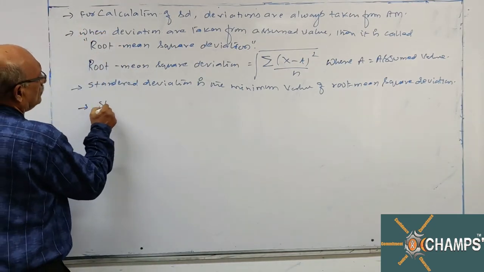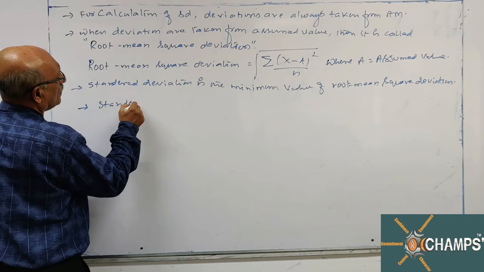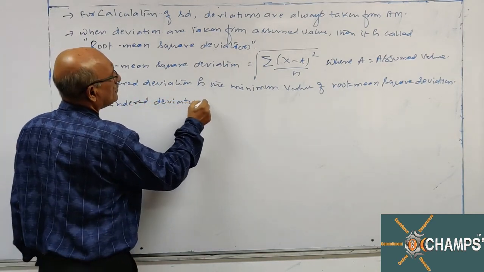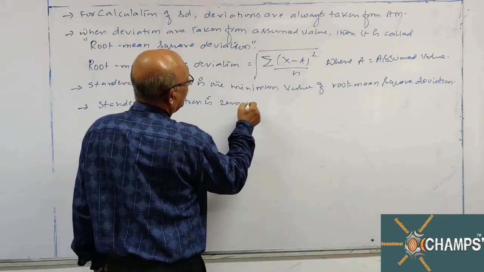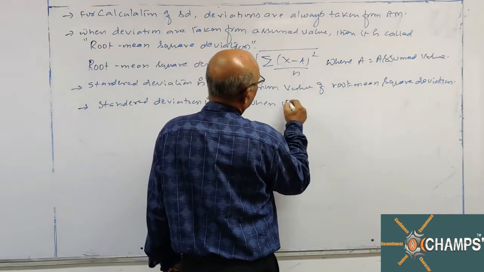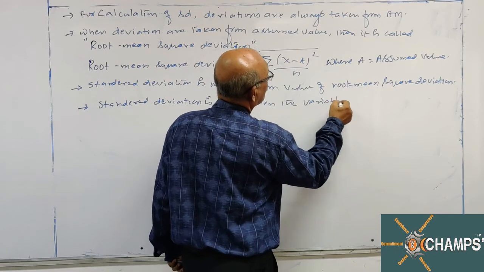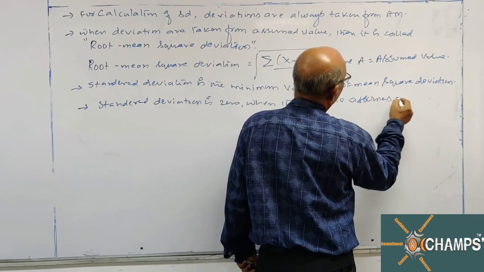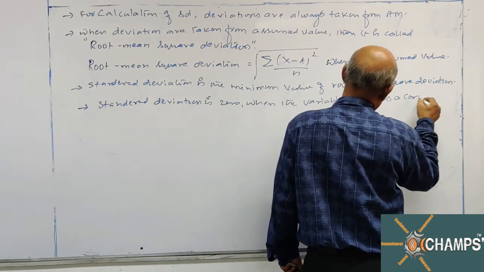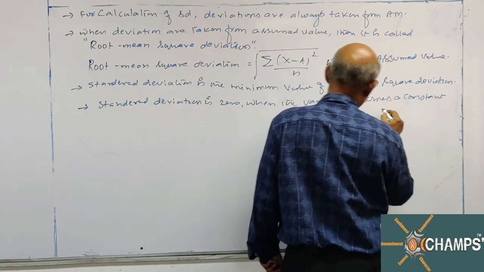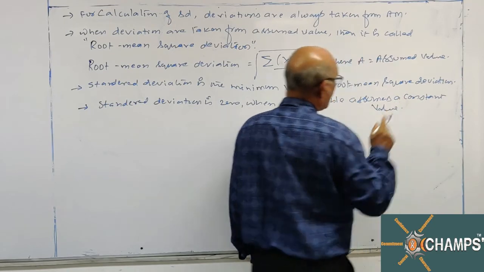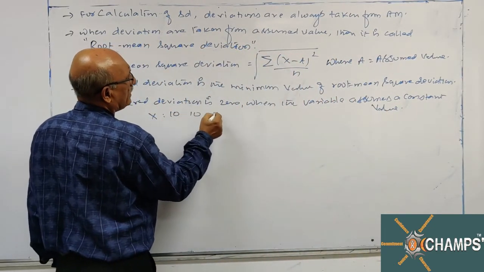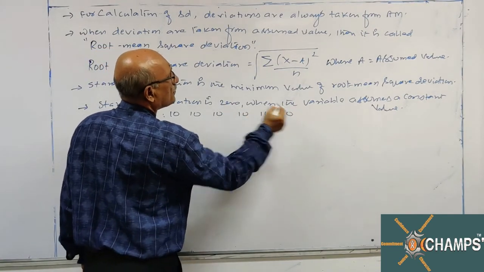Next, standard deviation is 0 when the variable assumes a constant value. For example, x is equal to 10, 10, 10, 10, 10, 10.